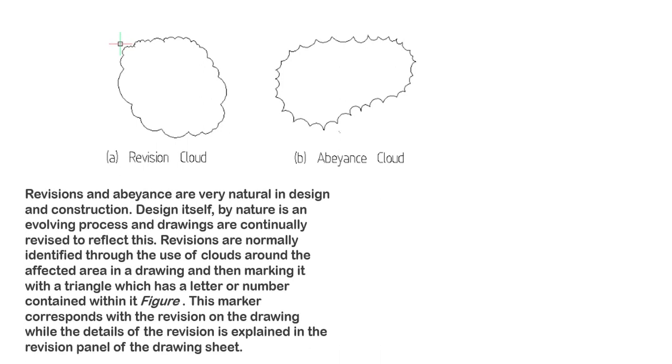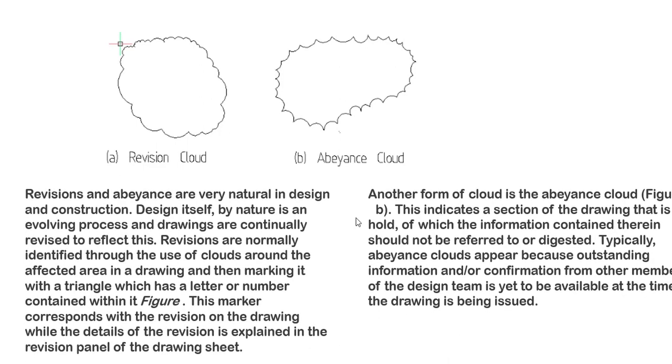Also, then this particular one, the revision cloud, which is one of the most important parts of your drawings. Okay, revisions are very natural in design and construction, as you may have a few revisions, right? So a revision needs to be followed by the revision cloud, and it has to be marked with R1, R2 if you make any changes, right? Another form of cloud is the abeyance cloud.